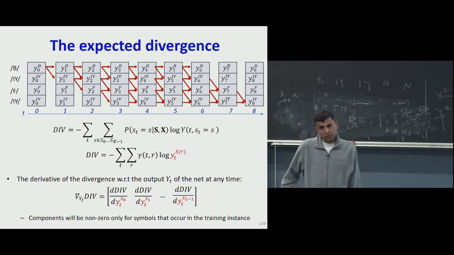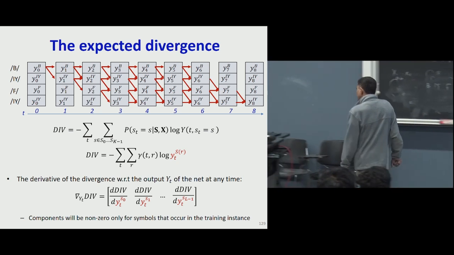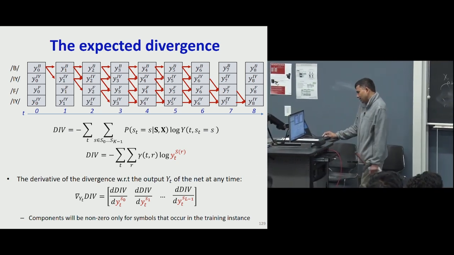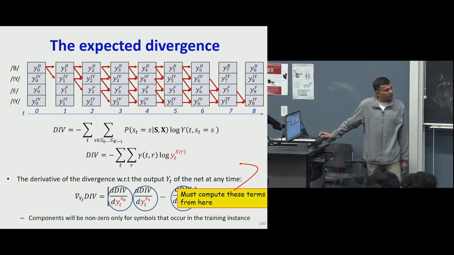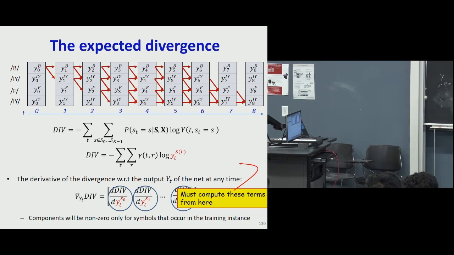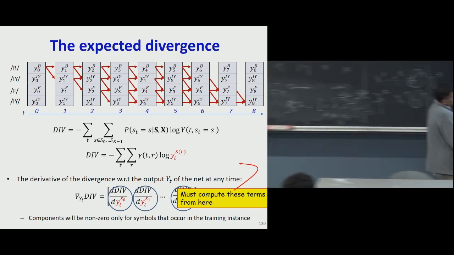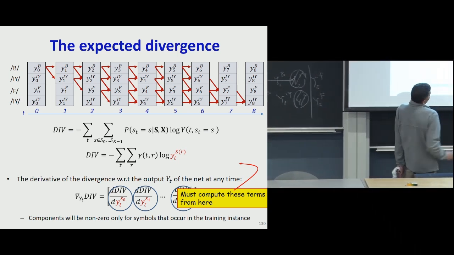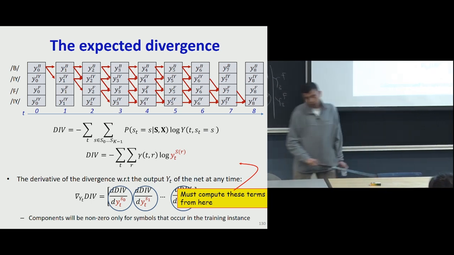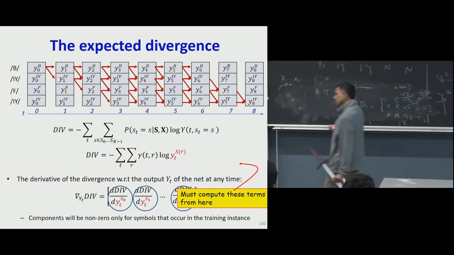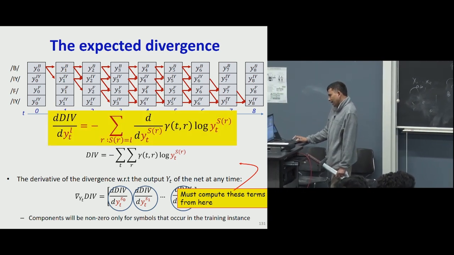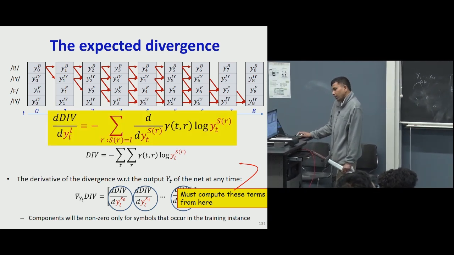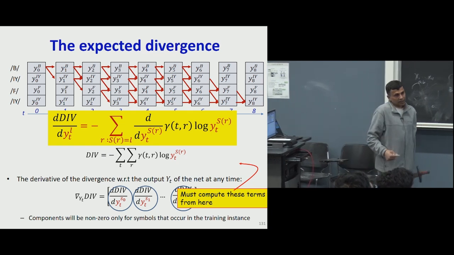If E occurs 2 times, you will sum the probability. So here, observe that these derivatives must be computed from here, number 1. And secondly, you also get this issue that if a symbol occurs multiple times, then you have to sum over all the instances that it occurs.